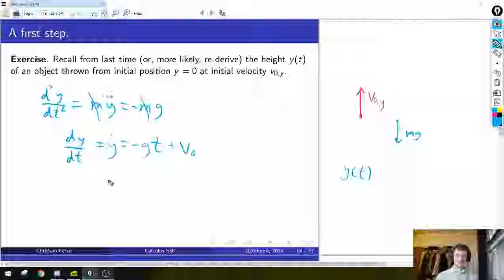Good. All right, one more step. So anti-differentiate again. Assume it starts at 0 height. So what's y of t? This is going to be negative 1/2 g t squared plus v sub 0.